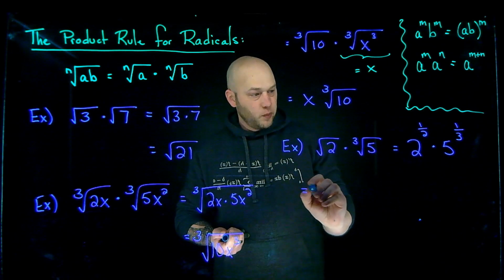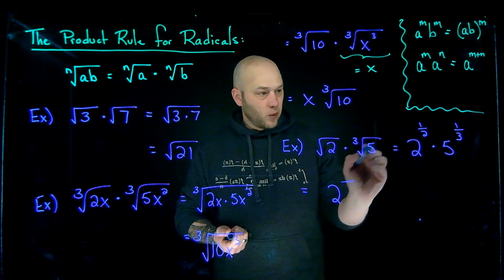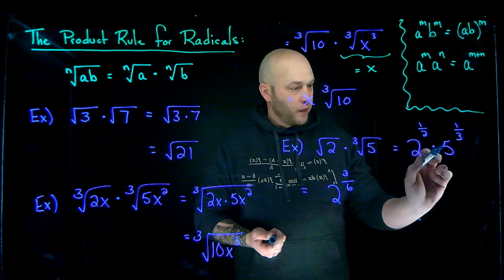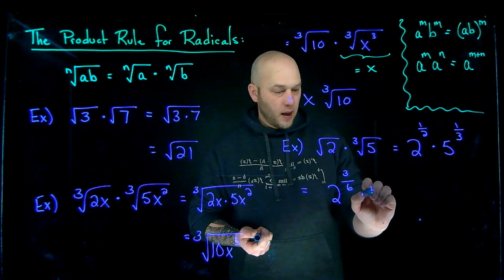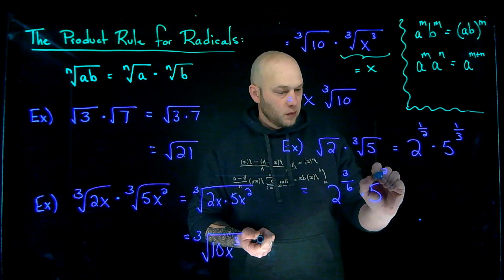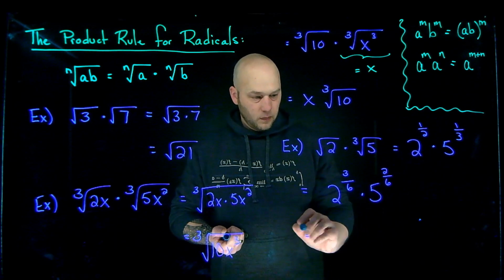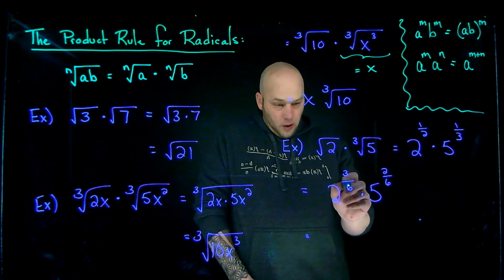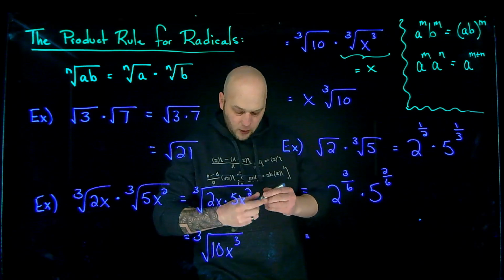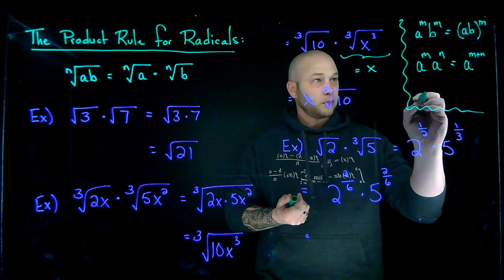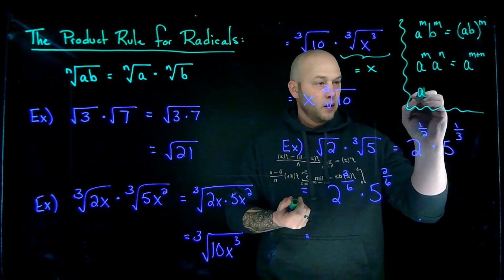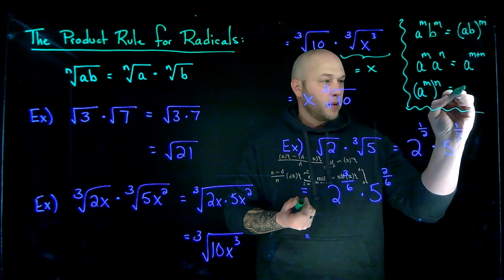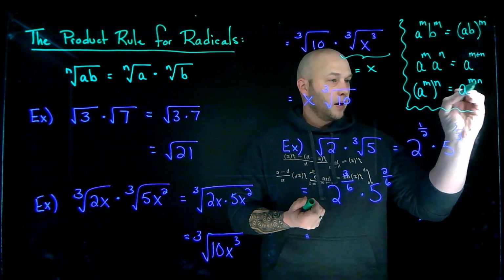So this means this would be equal to 2, and then 1/2 would be the same thing as 3/6. And then 1/3 would be the same thing as 2/6. Okay. Now what I could do is, using another property of exponents that says if I have a to the m to the n, that's the same thing as a to the mn.